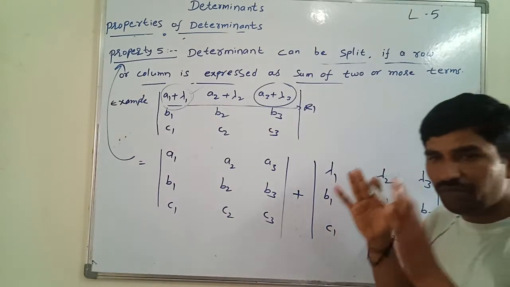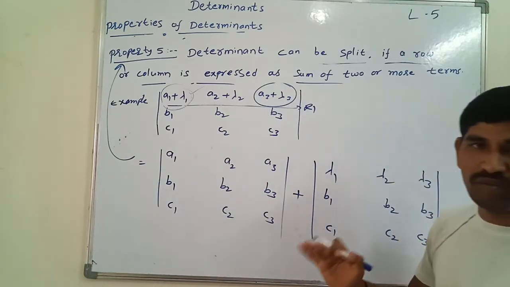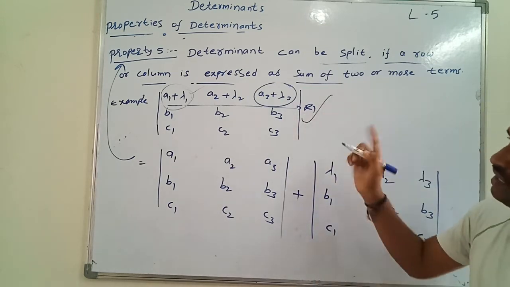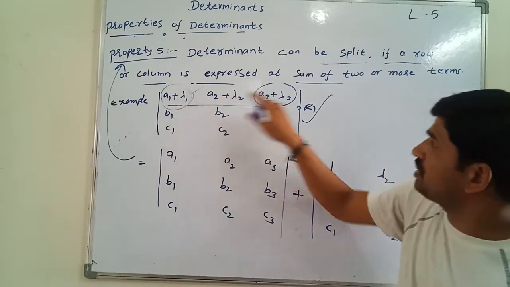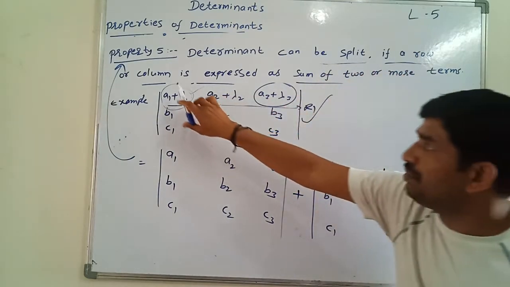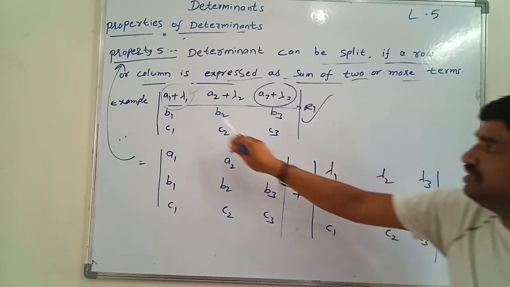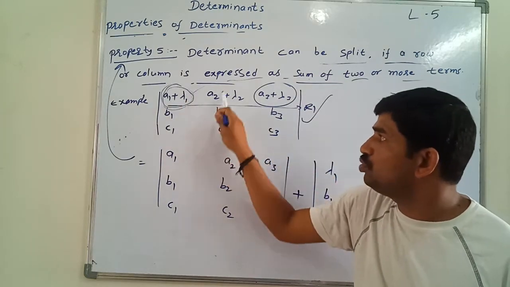It is not a very tough part, it is very simple. If the determinant has a row expressed as a sum of two or more terms, like this, where there is a sum of two terms, we split the determinant into two.